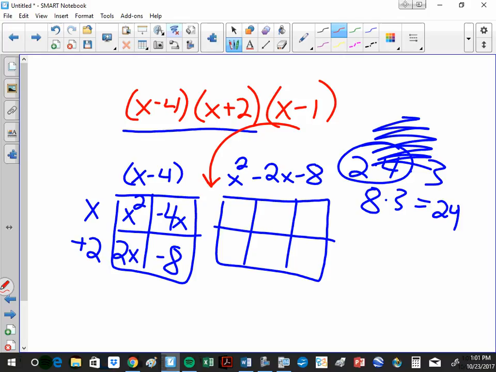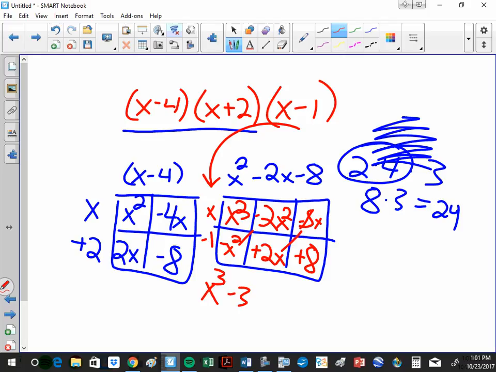I put the x minus 1 right here. And then I multiply again. x squared minus 2x or x to the third minus 2x squared minus 8x and negative x squared plus 2x plus 8. And then notice the diagonals are lined up. x to the third minus 3x squared minus 6x plus 8.